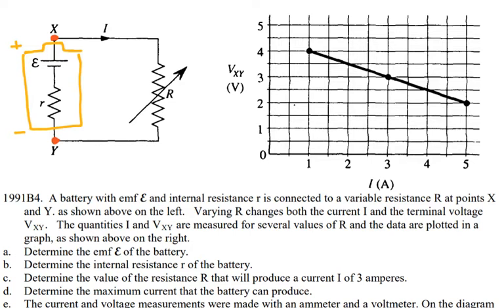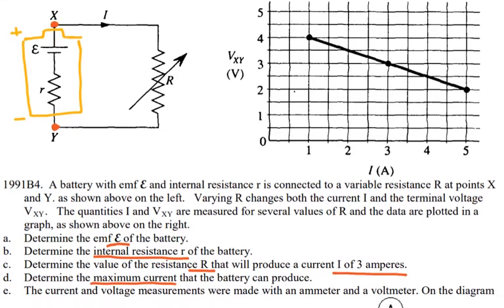So we have to determine the EMF of the battery, the internal resistance of the battery, and the value of the resistance R that will produce a current of 3 amps. And then we will determine the maximum current that the battery can produce. So we need the maximum current.